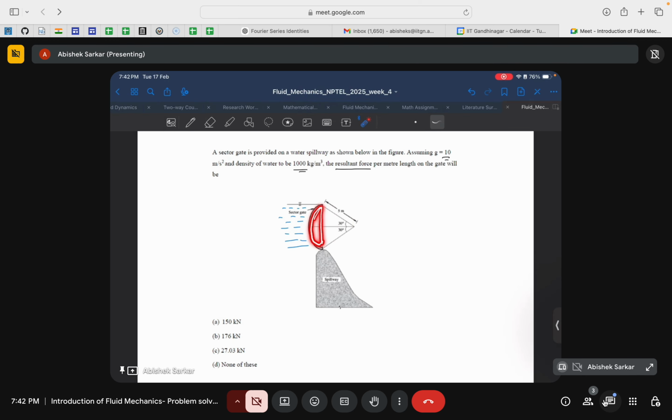So find the volume of the fluid in this region to find the net vertical force, and then the projection of this area to find the net horizontal force. Okay, so that would be your task. I'll give you 7 minutes, maybe by 7:46 you can give me an answer or update. Okay, so try it out.